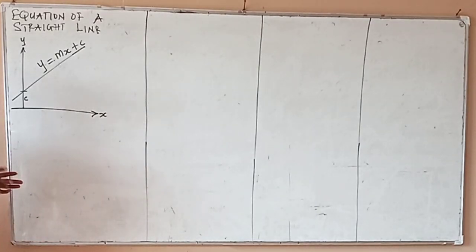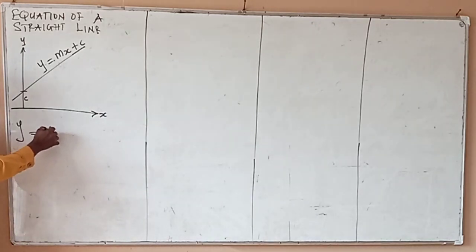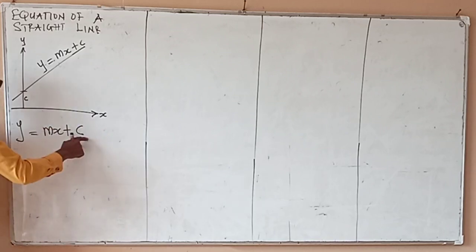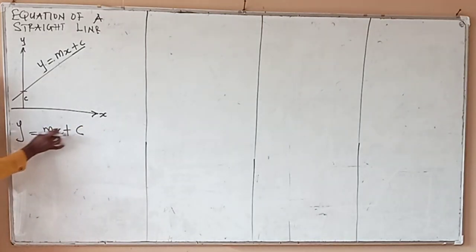The equation of a straight line with a known intercept and gradient is defined as y is equal to mx plus c. This is the general definition of the equation of a straight line, where m is the slope and c is the y-intercept.